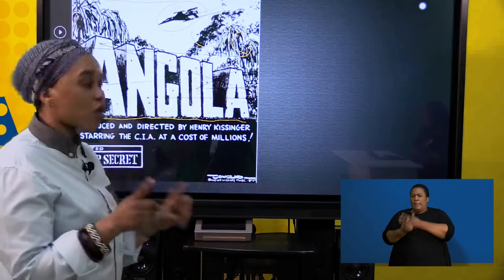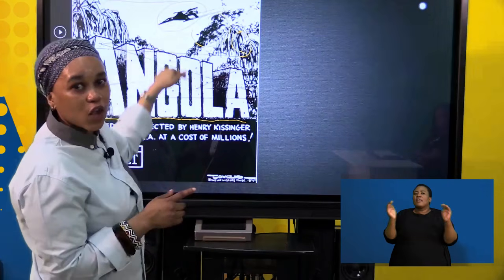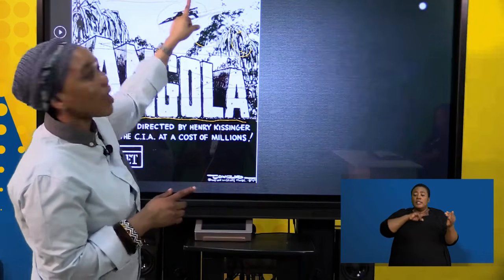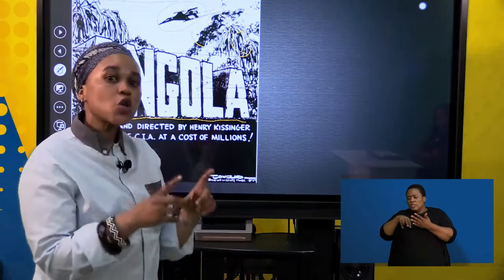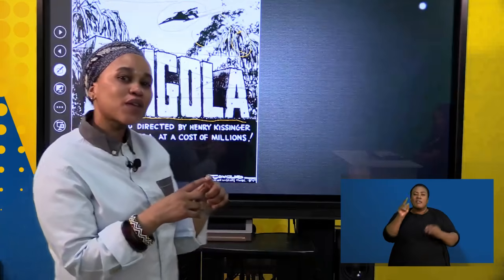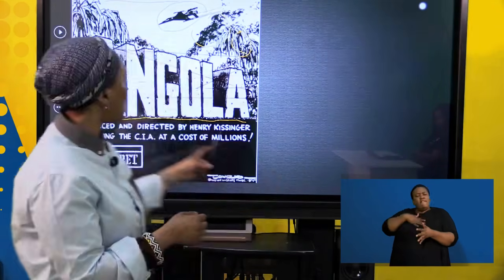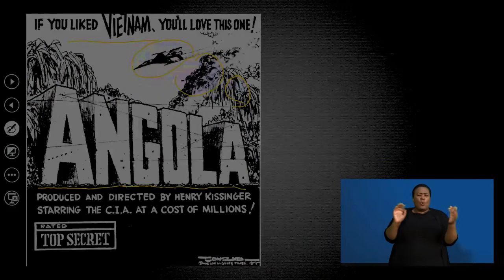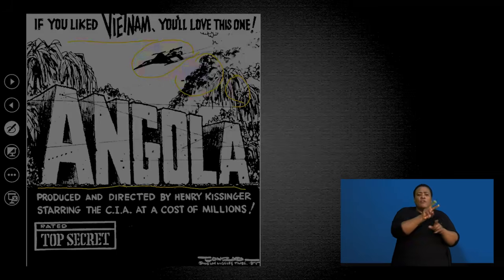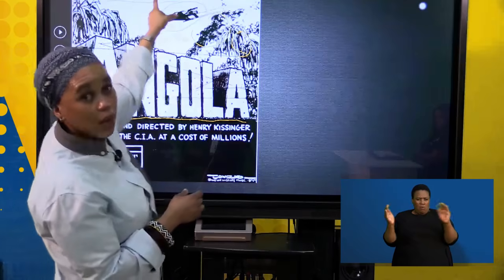Okay, but what is very important is this comparison, because again, you will have read the questions and you should be able to conclude why that comparison was made. Why do you think this cartoonist felt it important to compare what was going on in Angola to what happened in Vietnam? So if you look at this cartoon, it requires your prior knowledge of the Vietnam War.